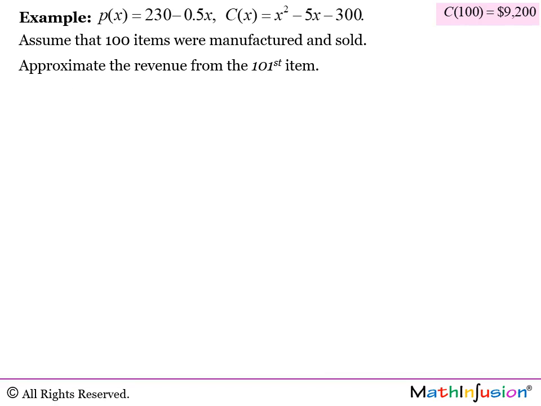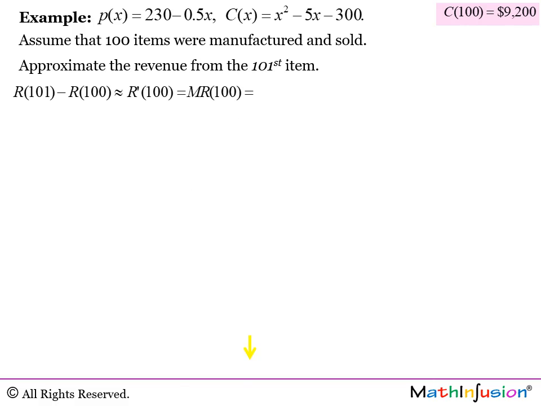Let's now approximate the revenue from the 101st item. We know that the exact amount is the revenue of 101 minus the revenue of 100, but this can be nicely approximated by the marginal revenue when x equals 100. What is the marginal revenue?